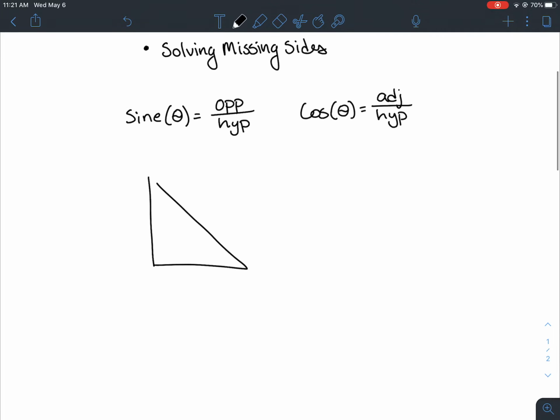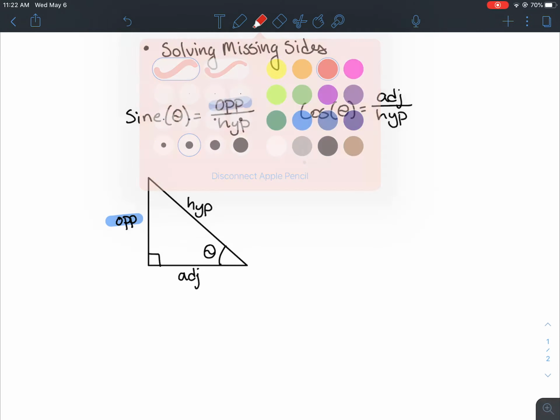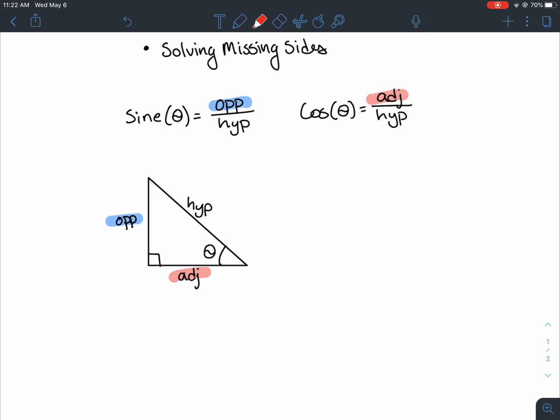And that all came from our right triangle, where we had a reference angle here. This is our opposite side. This is the hypotenuse, and this is the adjacent. Okay, so when we were looking at that, the opposite was there, the adjacent there, and the hypotenuse is there. And we had our reference angle here.